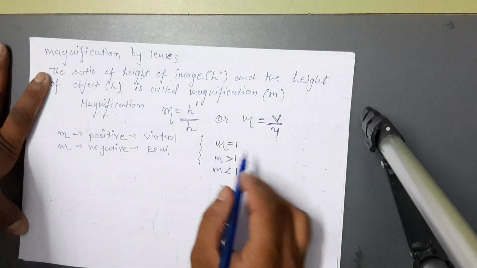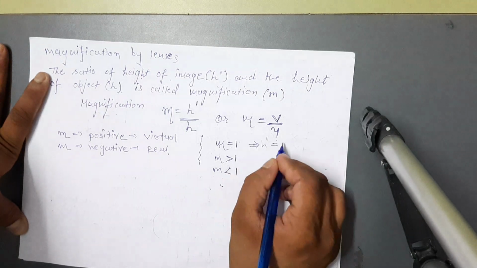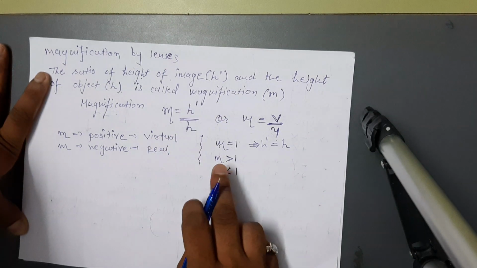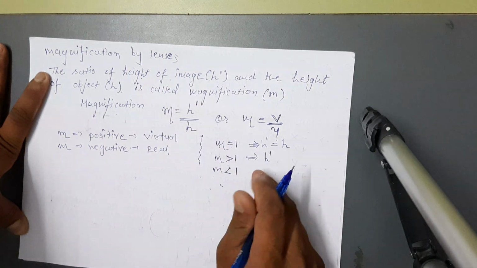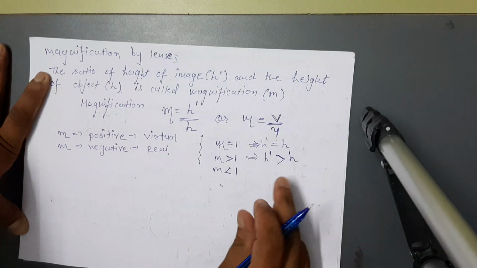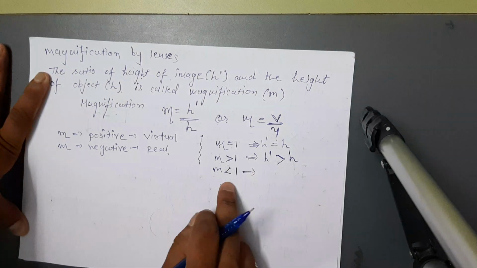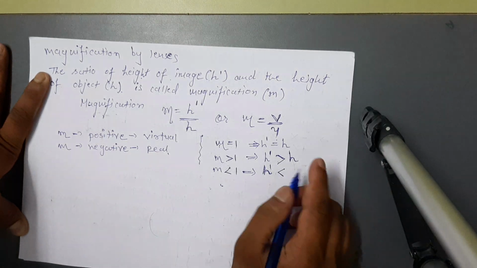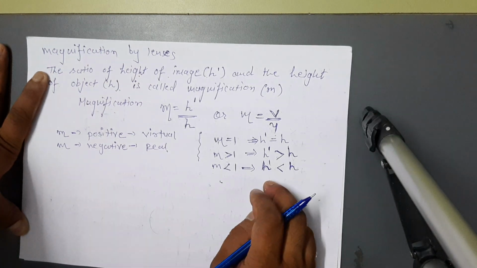When M is equal to 1, h dash is equal to h, so the height of image and object are the same. If M is greater than 1, h dash is greater than h, which gives an enlarged image. When M is less than 1, h dash is less than h, so we get a diminished image.